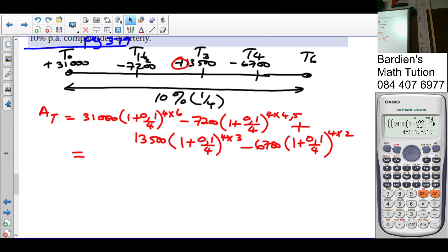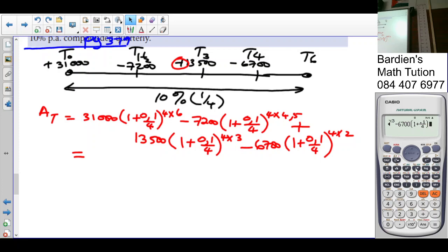Let's see what we get here. 31,000 rand into 1 plus 0.1 over 4 to the exponent 4 times 6, minus 7,200, open brackets, 1 plus 0.1 over 4 to the exponent 4 times 4.5, plus 13,500 into 1 plus 0.1 over 4 to the exponent 4 times 3, minus 6,700 into 1 plus 0.1 over 4 to the exponent.